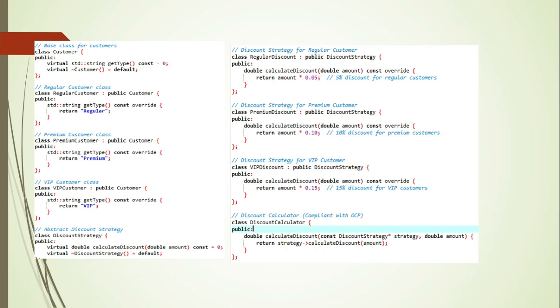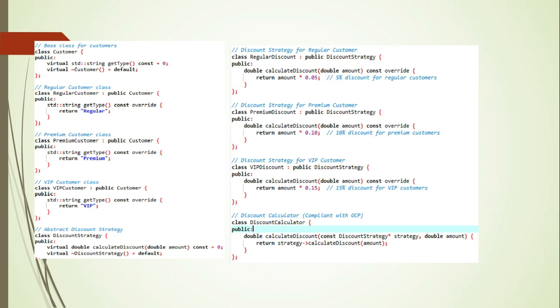It has a pure virtual function which is meant to be overridden in the derived classes. This method will calculate the discount based on the customer type or strategy. By using the strategy design pattern, we can change the discount behavior without modifying the existing code. So here we talk about the OCP.